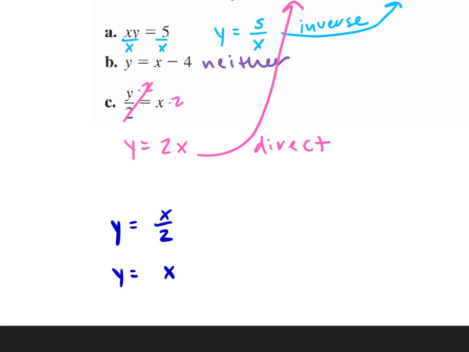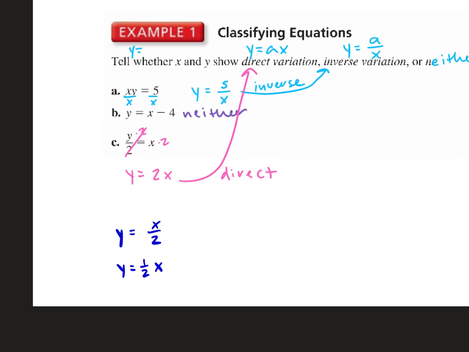That would be x times what? 1/2 x, which is direct. So if you're multiplying the x, if x is on top and you're multiplying it, it would be a direct variation. So our a just happens to be a fraction here. But these are the same. You got to know that x divided by 2 is 1/2 x.